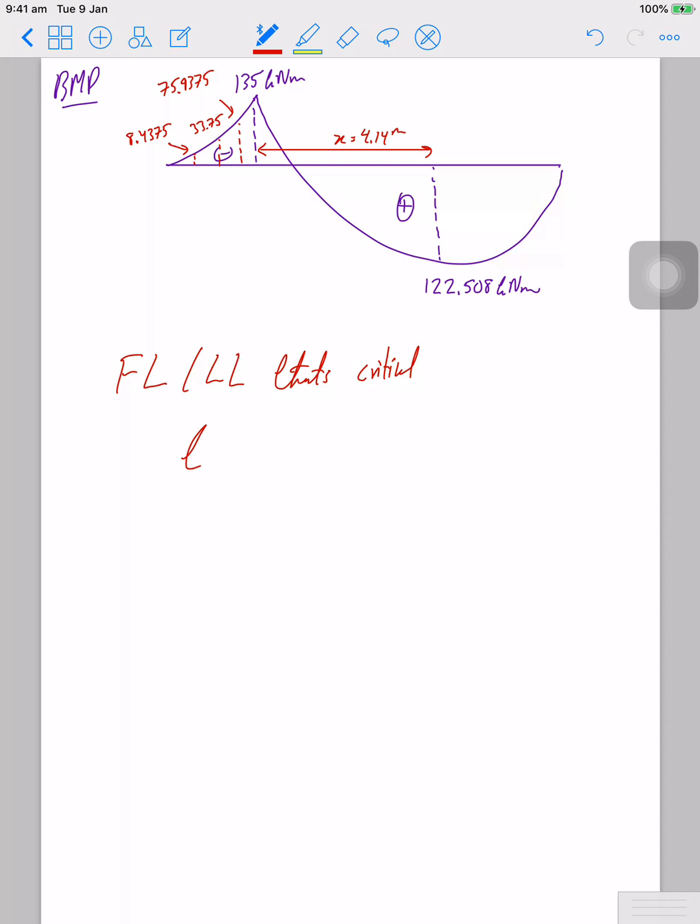So if lengths are longer, then it's going to be more critical because your moment is inversely proportional to your L. A larger length means it's a smaller M0, and then your M star has to be less than your M0. So the region with a longer length would be critical when you have segments having restraints, these restraints.